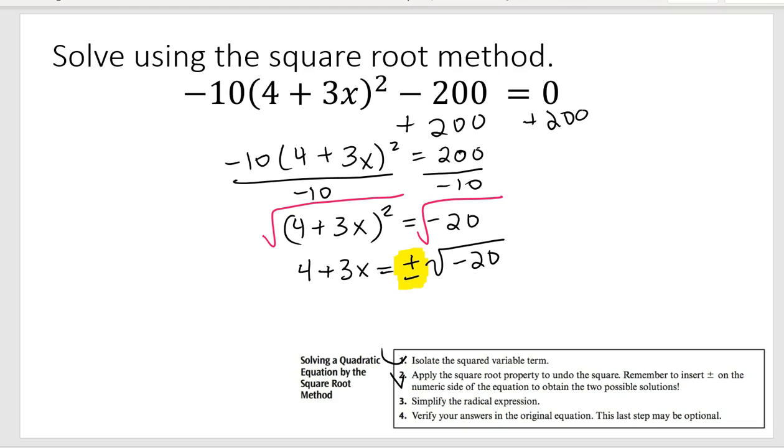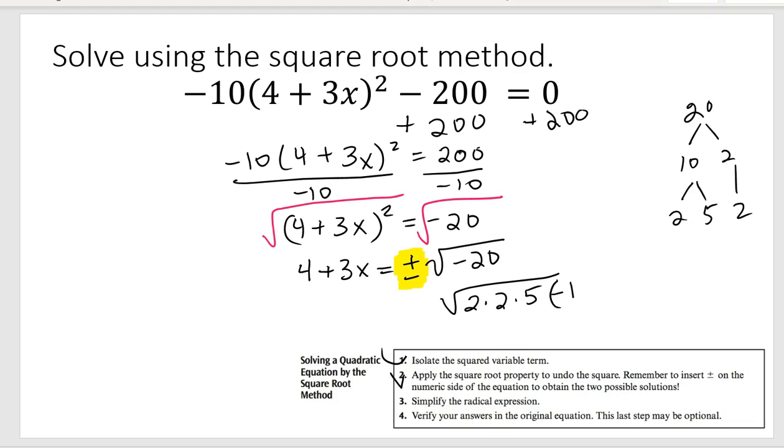We're going to simplify our radical. Now, to simplify a radical, we can write the prime factors. So we can make a tree if we need it. And we can find the prime factors. So I have a 2 times 2 times 5. I also have a negative 1 here. Now, when it's a square root, any pair that I have can come out of the radical.